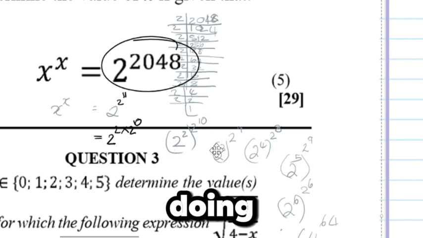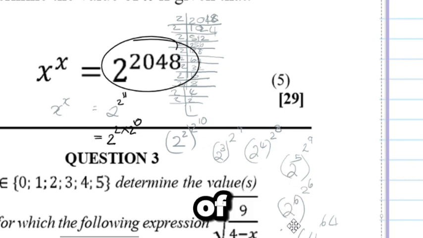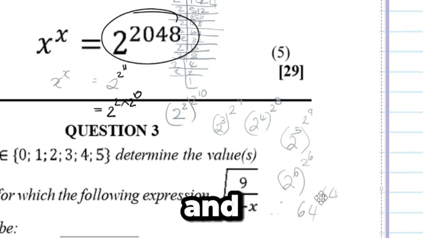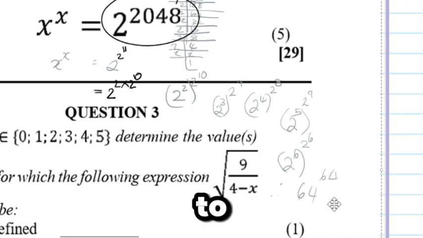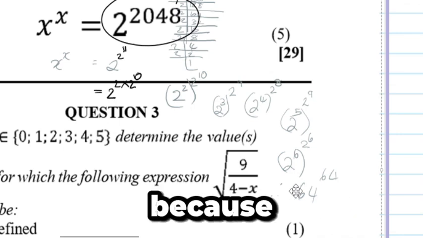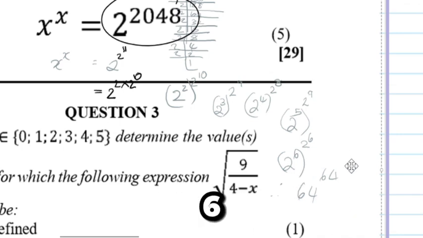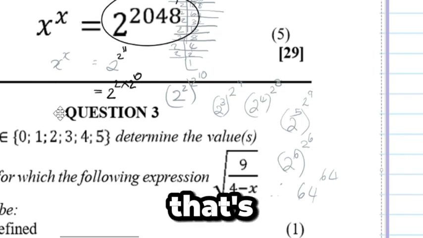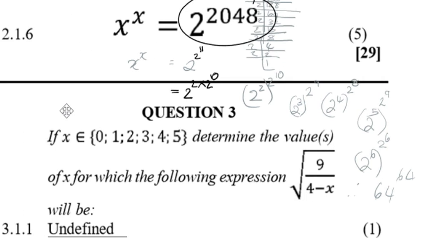And then I keep on doing that the whole time until I get here 2 to the power of 6 and there as well 2 to the power of 6. And then that means 64 to the power of 64, because that's 2 to the power of 6 and 2 to the power of 6 equates to x to the power of x. So that's a brain breaker. But there's the train of thought.